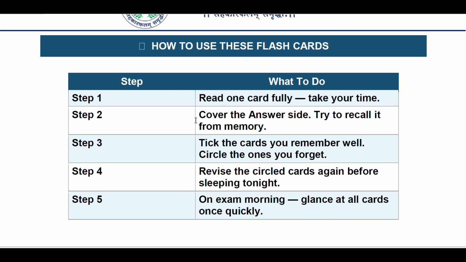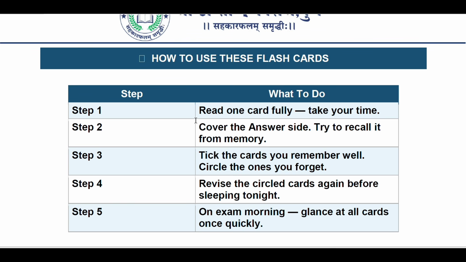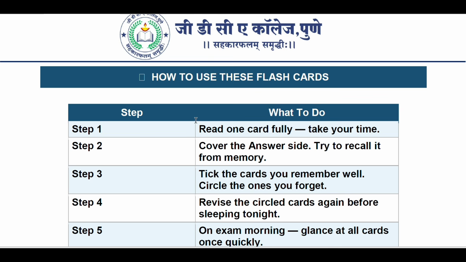So how to use these flashcards? There are 5 steps. Number 1, read one card fully. Take your time. Step 2, cover the answers, whatever answer side is there, like the right side, and try to recall it from memory. Step 3, tick the card you remember well and circle the one you forgot.